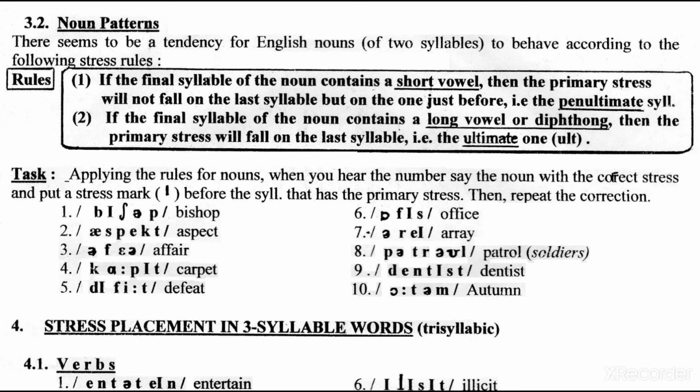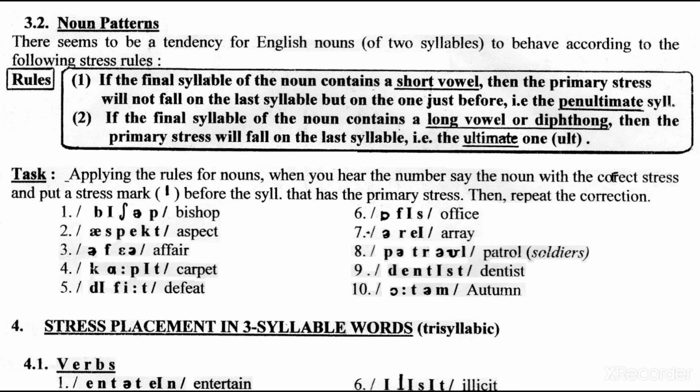Now we jump directly to the exercise. We have 10 disyllabic nouns, nouns of 2 syllables, and we try to put the stress and say which rule we have applied. So we start with the first noun.